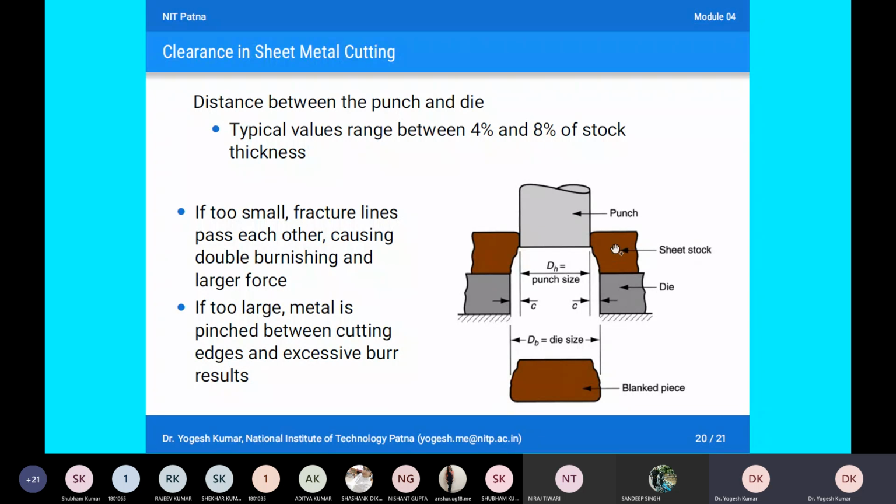And if this clearance is very high, the metal is pinched between the cutting edges, and excessive burrs occur on the sheet. So here we can see that clearance is required between your punch and die.